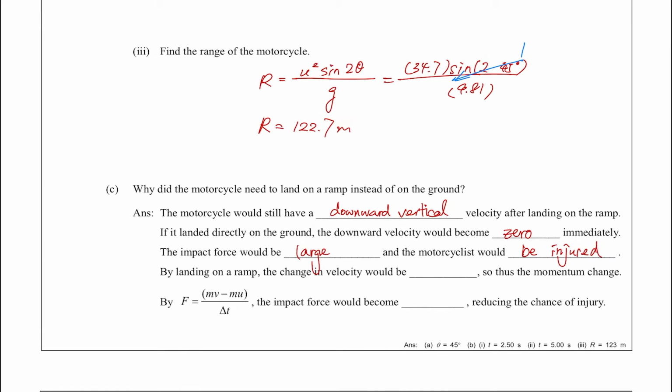By landing on a ramp, the change in velocity will be smaller because the motorcycle is allowed to go down a little bit further. So we can have a smaller change in velocity. As a consequence, the momentum change will also be smaller. By this equation, we can see that the impact force will become smaller. And this reduces the chance of injury.